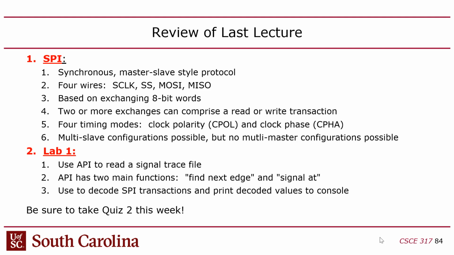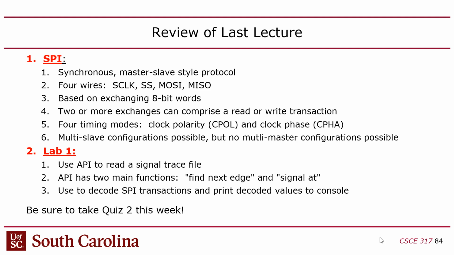The next edge, when I was on Wednesday, was a little confusing to some of the groups. They were like, well, what are we looking for? What signal are we looking for edges on? Well, there are actually two. Initially, you're looking for an edge on slave select to find out when the transaction starts, and then during the transaction, you're looking for the edges on the clock.